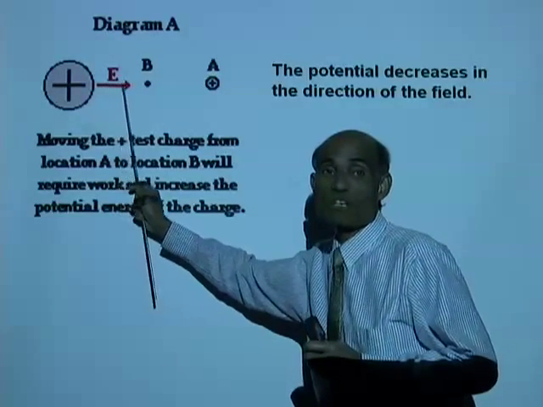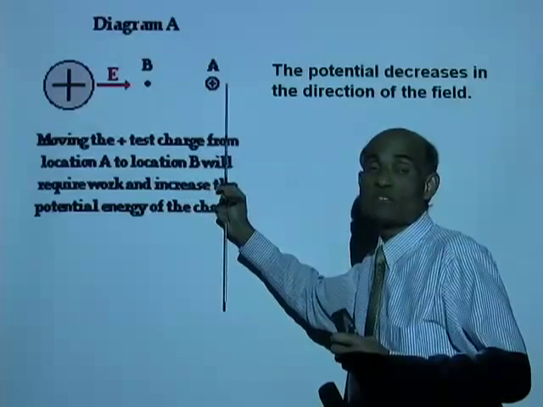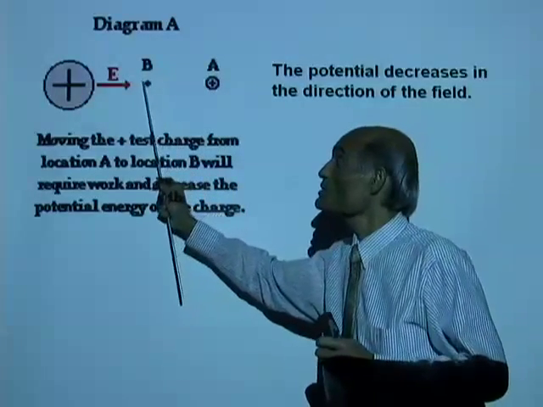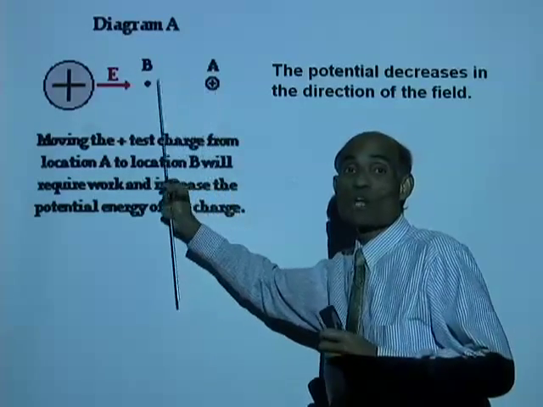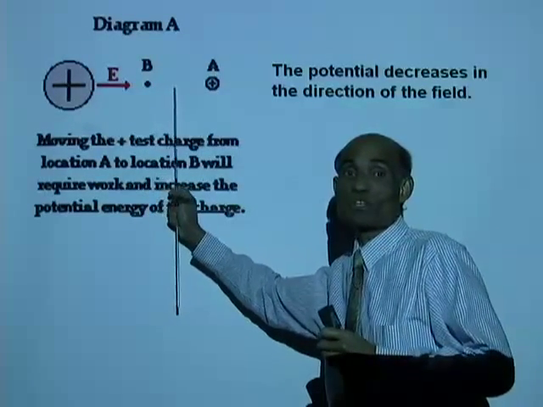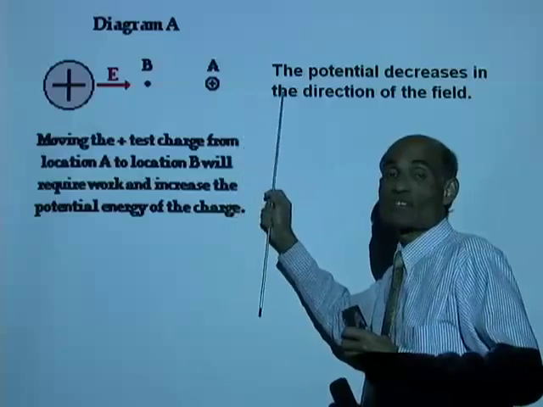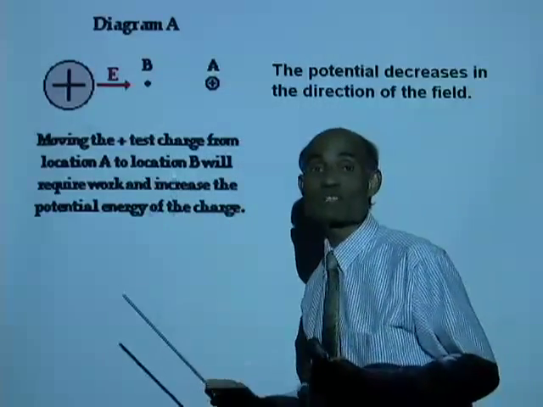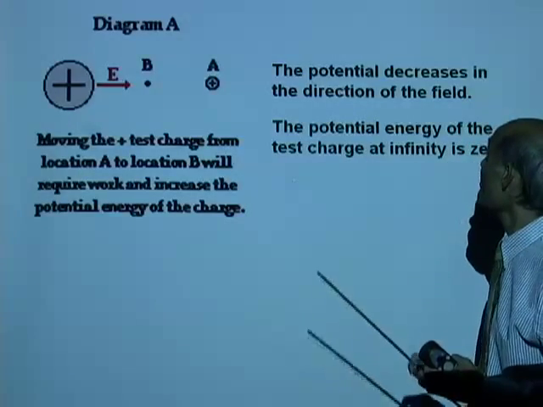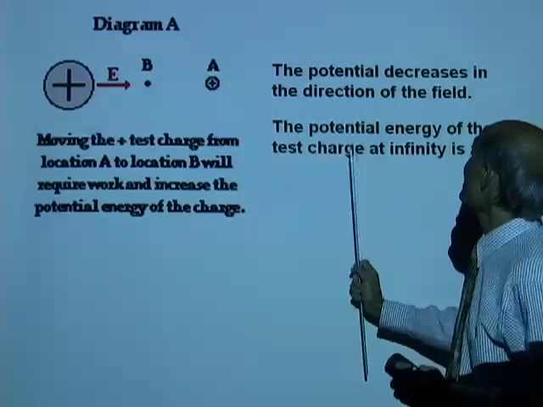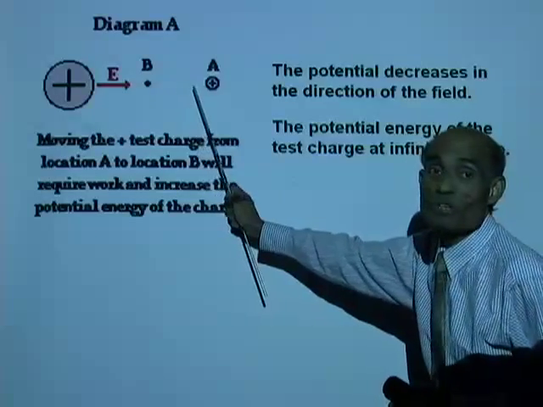The electric field is directed from B to A. B corresponds to a high potential and A corresponds to a low potential. The direction of the electric field is the direction of decreasing potential. The potential energy of a test charge at infinity will be zero.